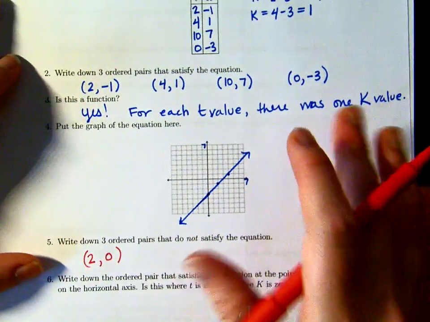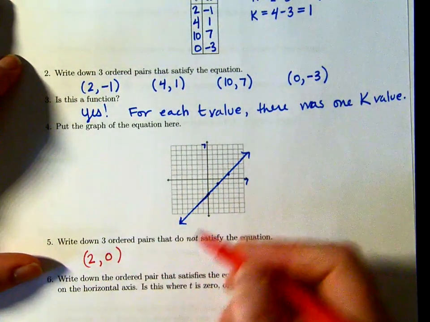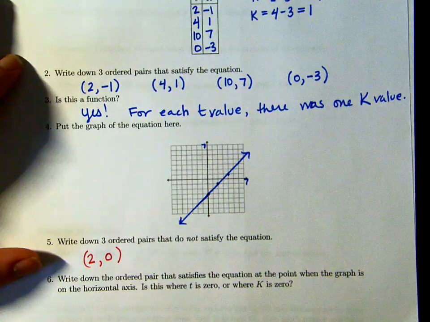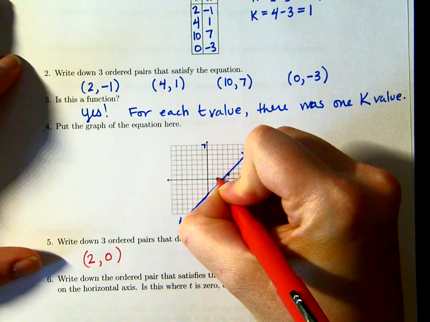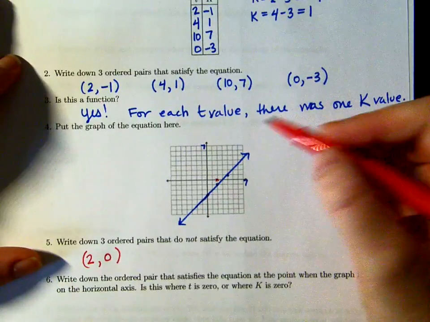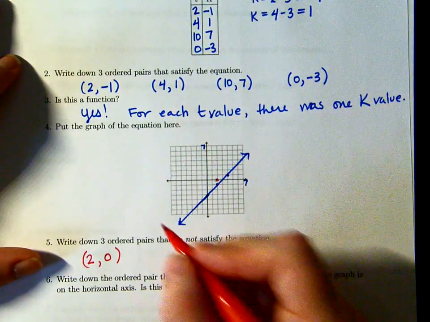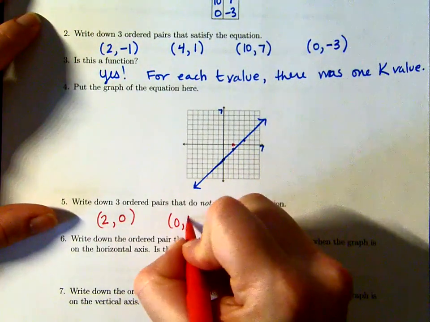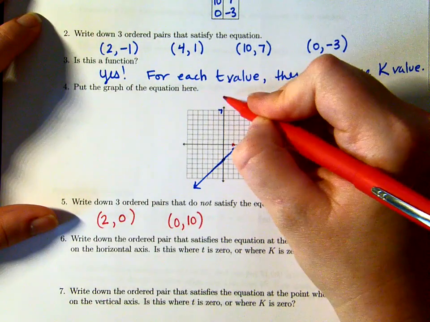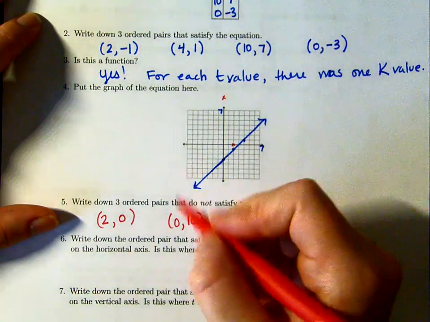I can make up several of these. Infinitely many, I would say. Anything, so right here, I just said when t equals 2, that does not work. How about when t equals 0? We said k should be -3. I don't know, 10. Way up here. Didn't work.